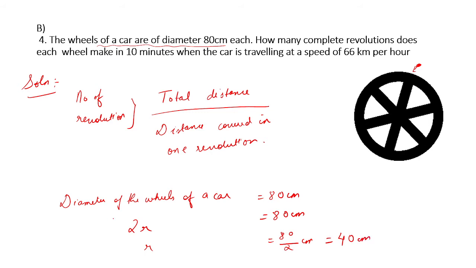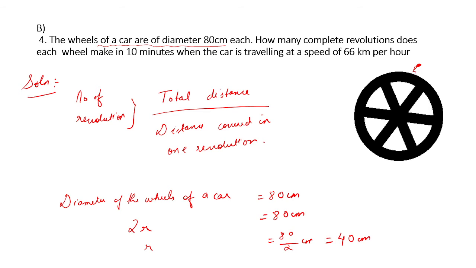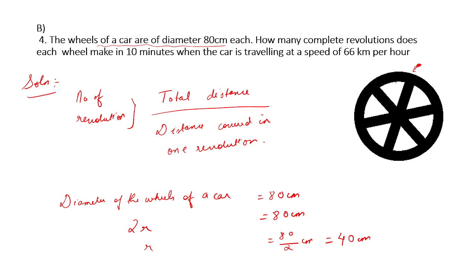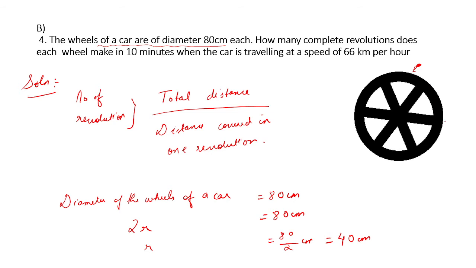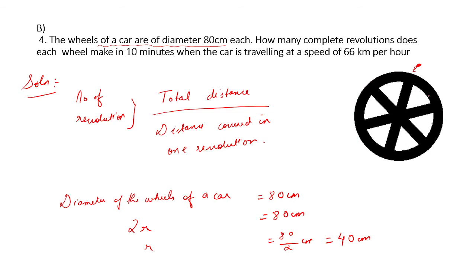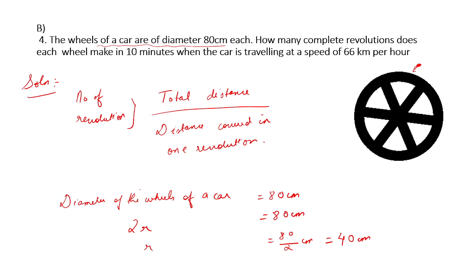Now you look at this. As you are traveling along with this, the tire is only spinning at the outer surface, right? We're only concerned with the outer surface. So therefore we have to find the circumference of the wheel.